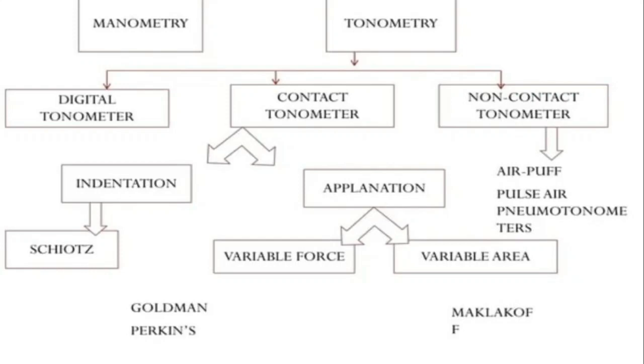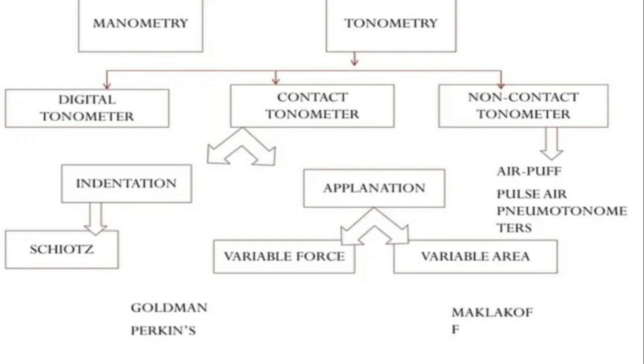Tonometry refers to the indirect estimation of IOP by measuring the deformation of the cornea or the resistance of the eye to a small force, while manometry involves direct measurement of IOP using a cannula placed inside the eye. These techniques can be further classified based on the instrument used, the method of measurement, or the type of contact with the eye.